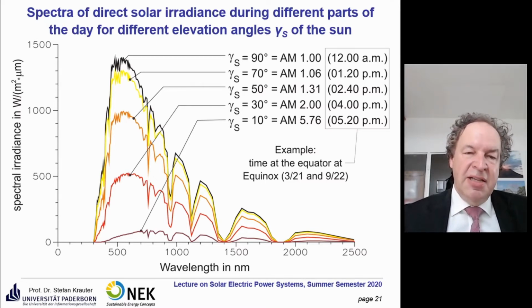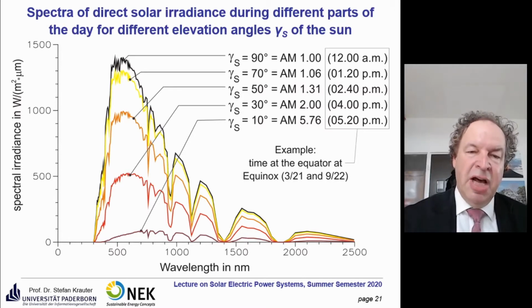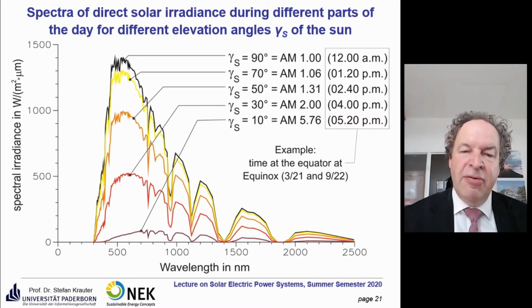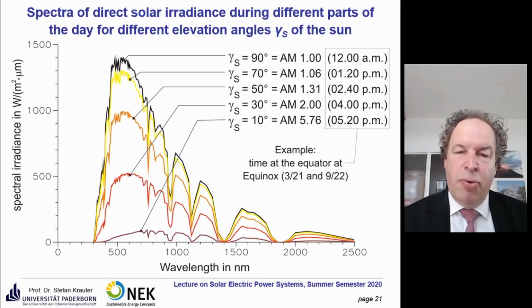So we have exactly that situation, and we have a quite strong spectrum with a maximum in the vicinity of 500 nanometers. If you go more towards the afternoon, for example, at 4 o'clock p.m., we will have an elevation angle gamma S of 30 degrees and an equivalent air mass of 2.0.